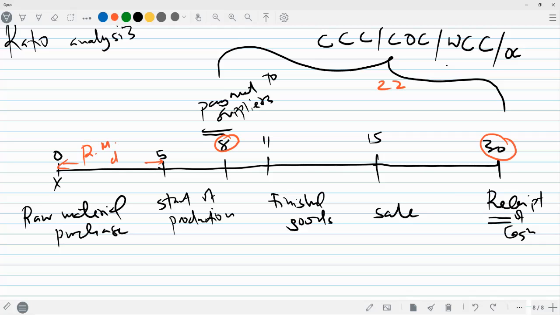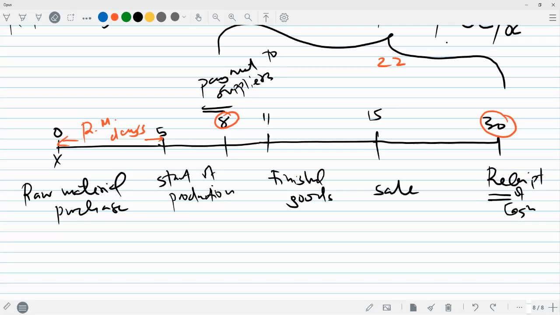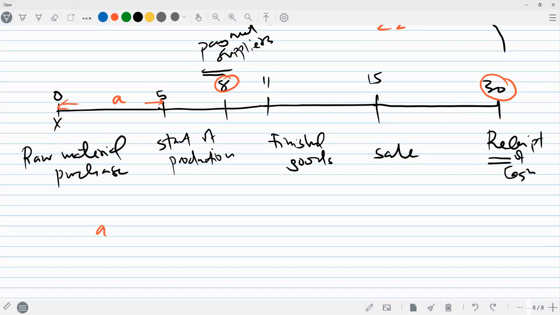Let me just call it A. We see that A is what is referred to as the days for raw material, or raw material days, which in this case is 5 days.